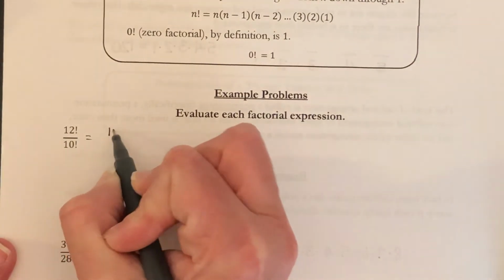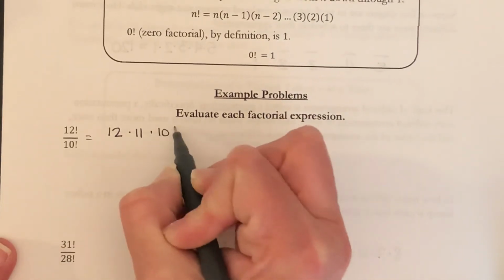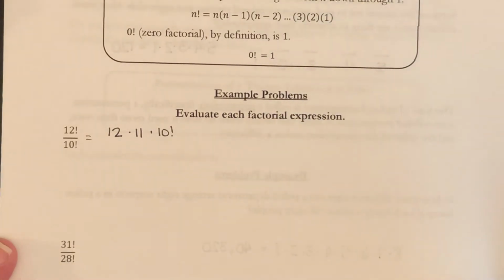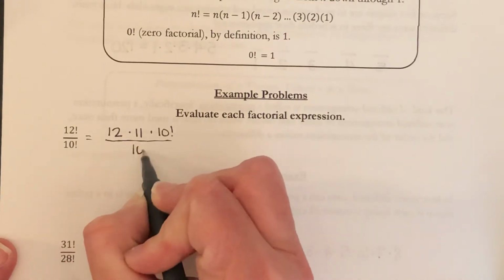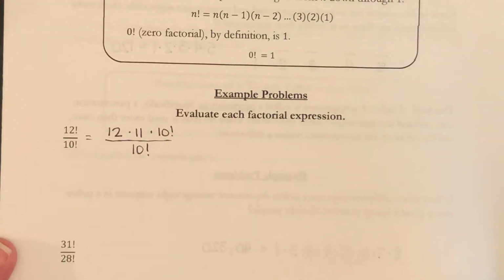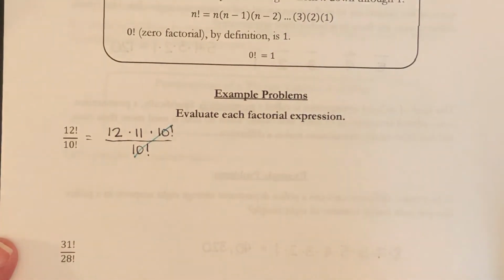So I can do 12 times 11 times 10, and so on. I can stop at any point I want to and just say, and so on. Now I'll leave here 10 factorial. I do not need to multiply all of these out to know that those are going to cancel.